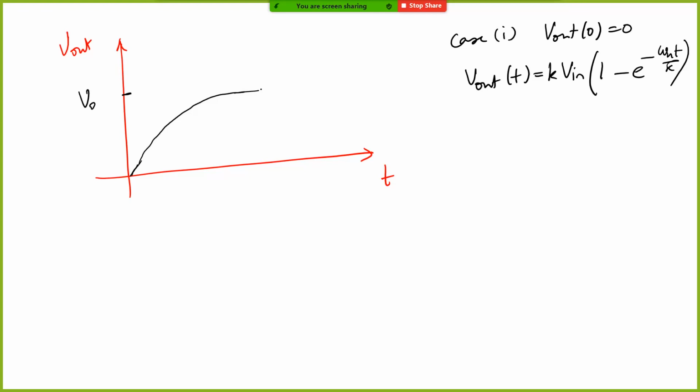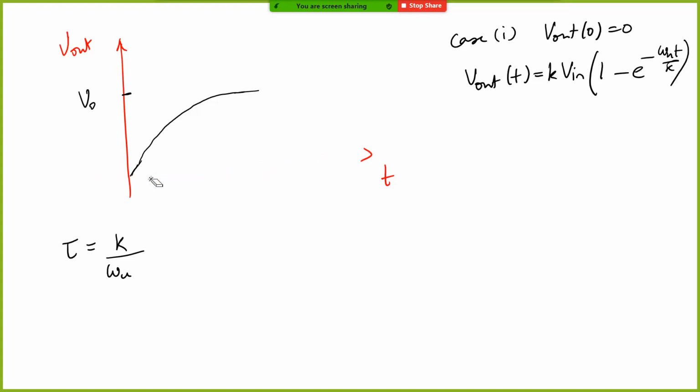Now, what is the significance of tau here, the time constant, which we defined as k by omega u? After 1 tau period, how much will be there?